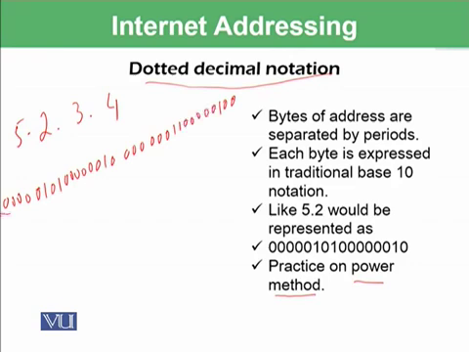So this number would be representing 5.2.3.4 on the backend in the computer system.